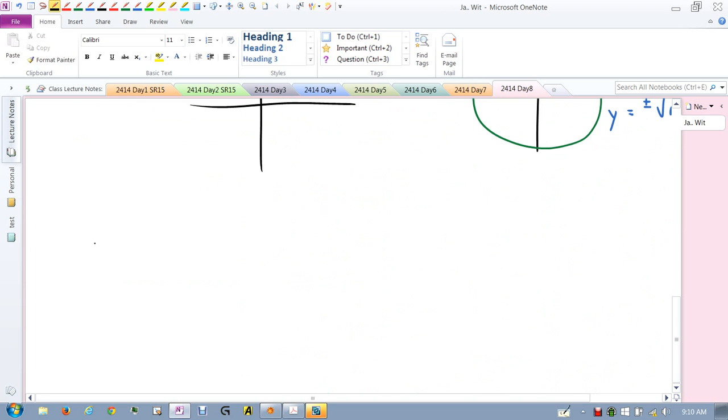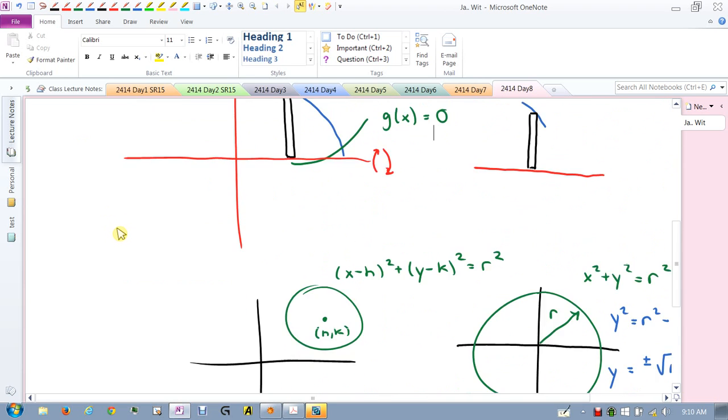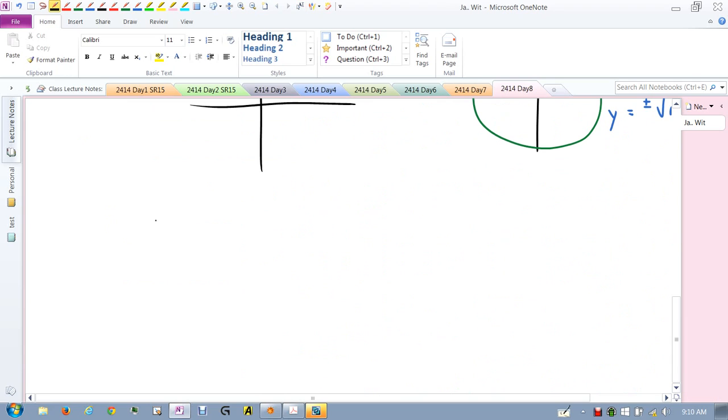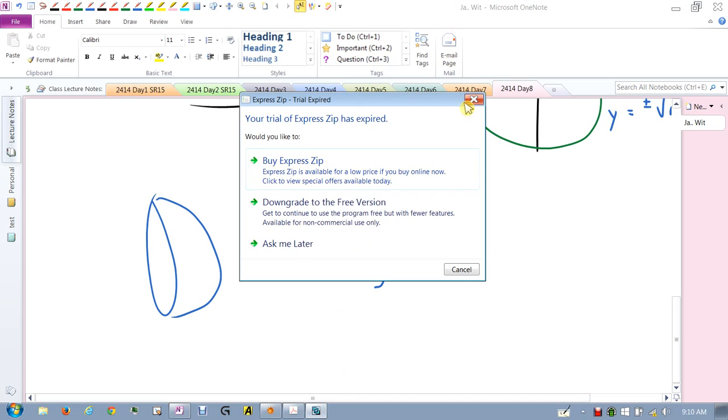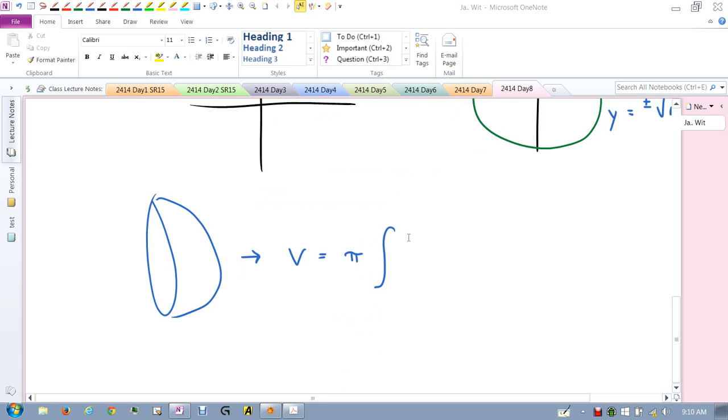The volume, should I draw it? I don't mind drawing it. We're going to get this when we rotate that. That volume should be pi integral. Let's talk about a and b in a second. And then the f function squared.